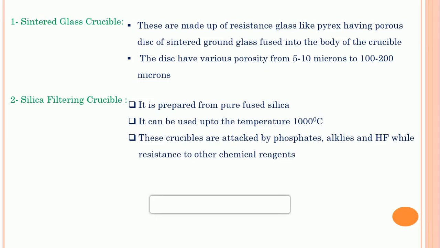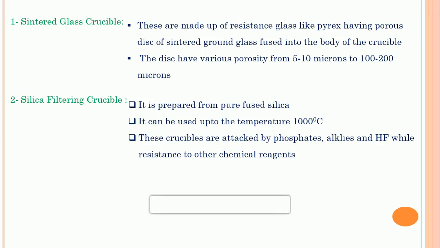And these crucibles are attacked by phosphates, alkalis and hydrofluoric acid. Actually this is the disadvantage of the silica filtering crucible. Why? Because when we use phosphates, alkalis as well as hydrofluoric acid during filtration, these can attack the crucible. They can react with the silica material, and therefore it contaminates our main precipitate.